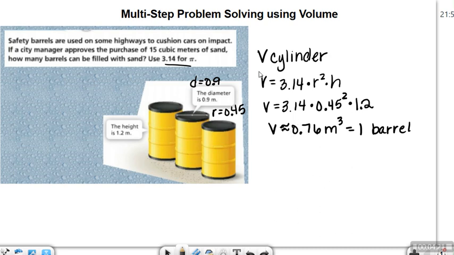So we want to figure out how many barrels we can fill if we have 15 cubic meters of sand. So one barrel doesn't even hold a whole cubic meter. All right, so if we want to figure out how many it'll take to hold 15, then we're going to divide. So we're going to do 15 cubic meters divided by how much one barrel holds, 0.76.